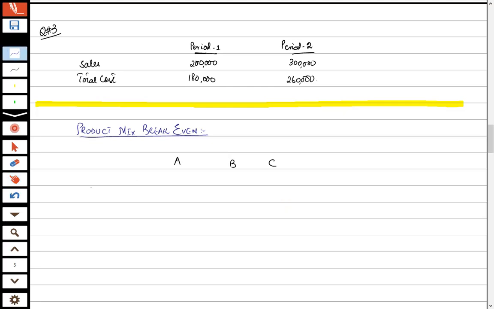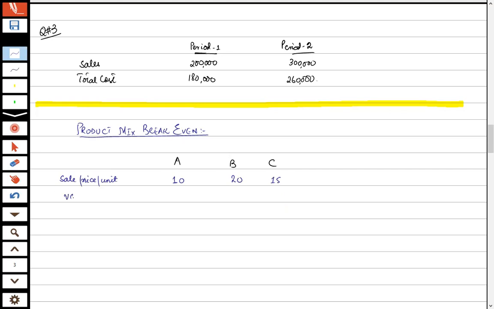Now let's suppose the three products have sale price per unit of $10, $20, and $50, right?